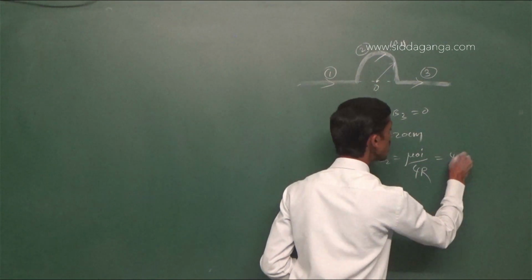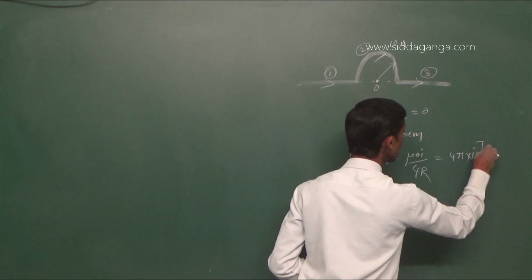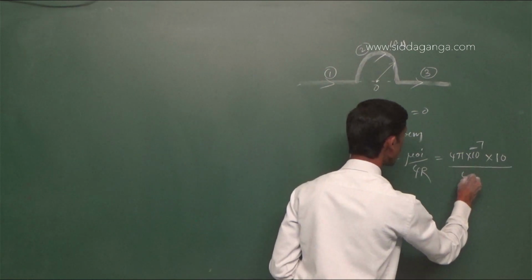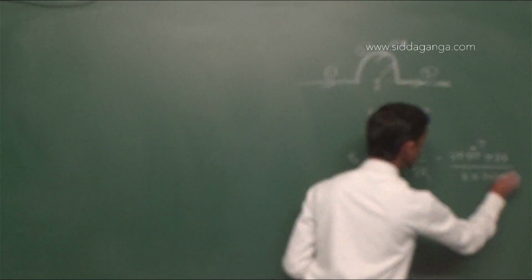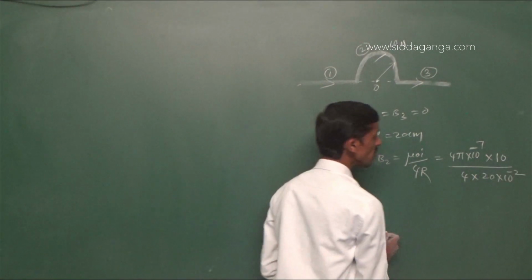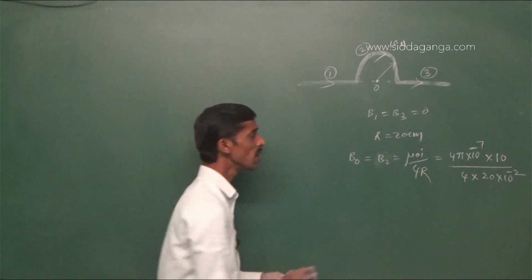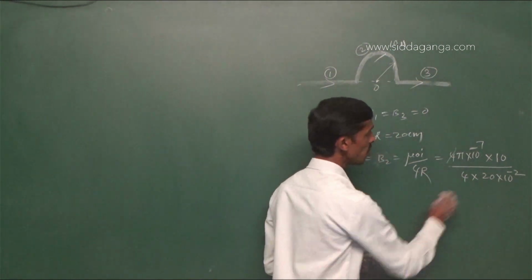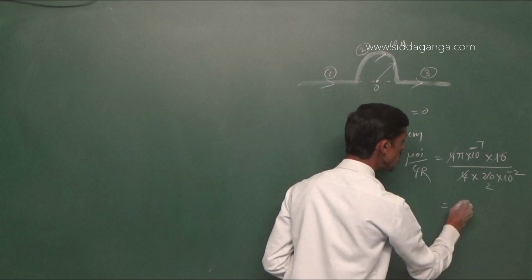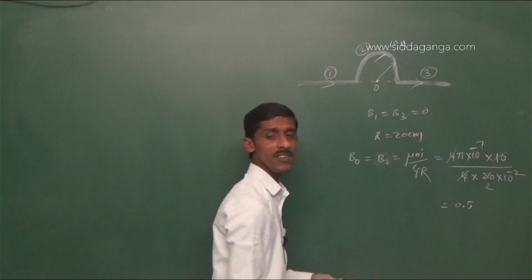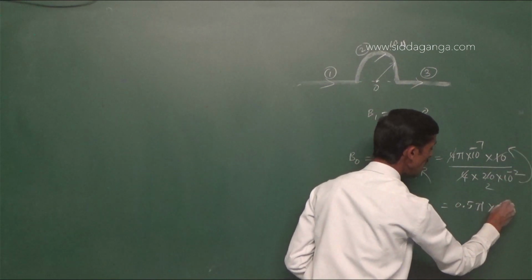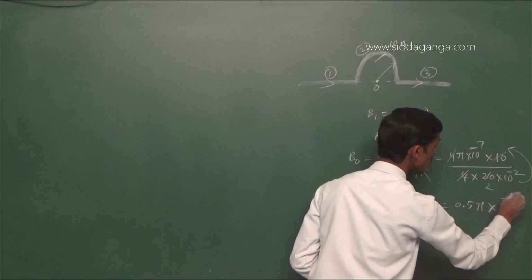So mu naught is 4 pi into 10 to the power of minus 7. Current is 10 ampere, radius is 20 centimeter. 4 cancels, 10 ones are 10, 2s are 2, 1 by 2 is 0.5. 0.5 into pi, 10 to the power of minus 2 going up becomes plus 2, 10 to the power of minus 5.